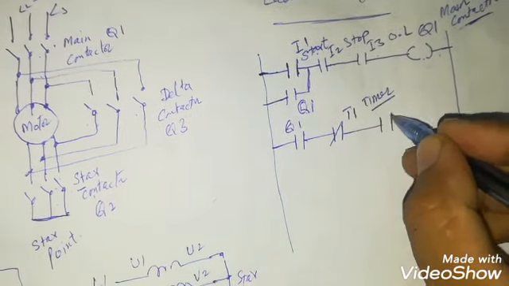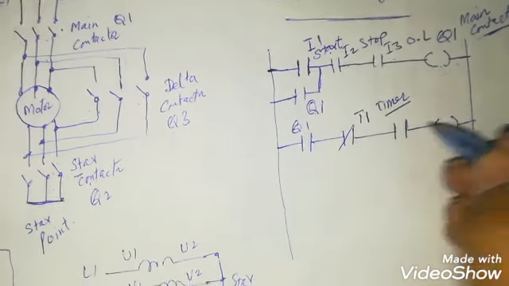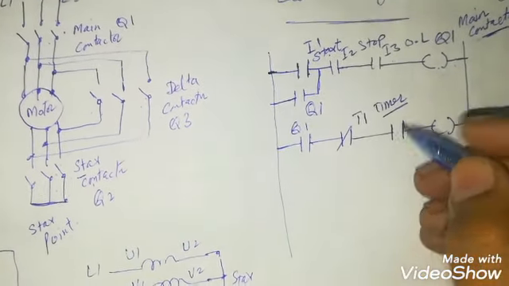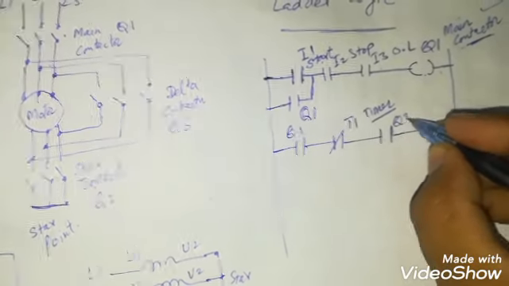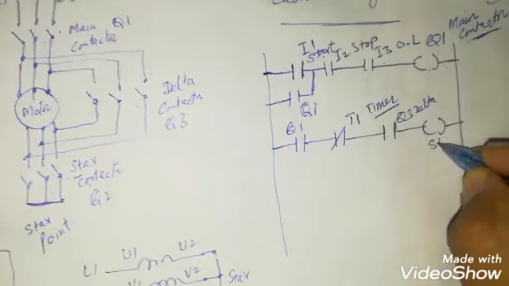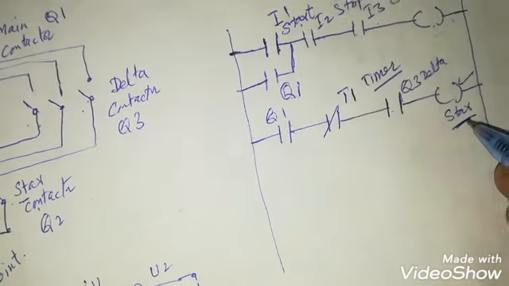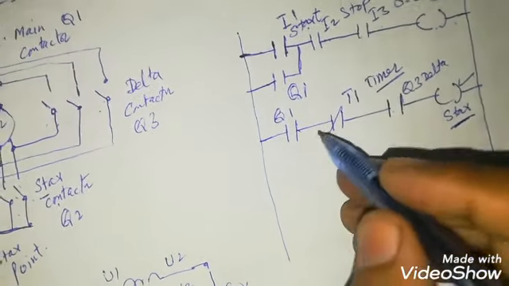Here for safety we will use the delta contactor contact, so that both contactors are not energized at a time. It will be a blast otherwise. So this is the Q3 contact, which is our delta contactor, and our star contactor will energize when all these inputs are okay.